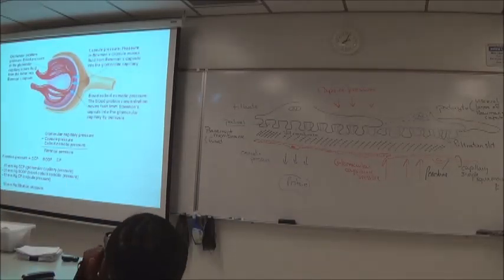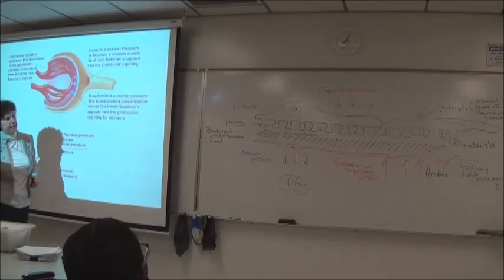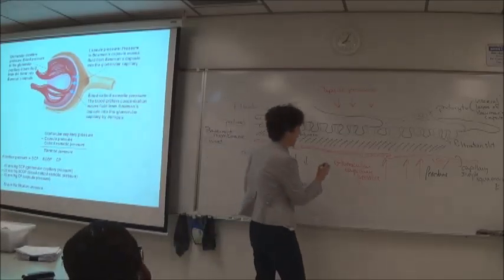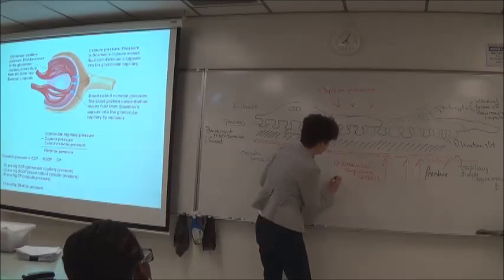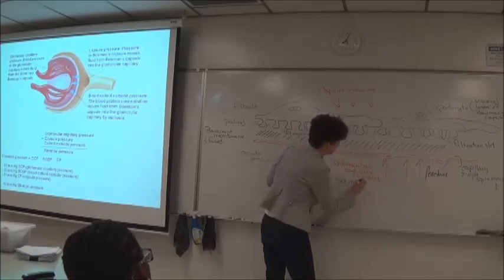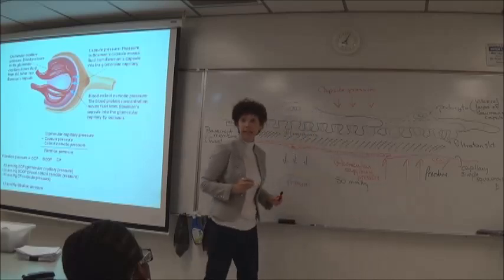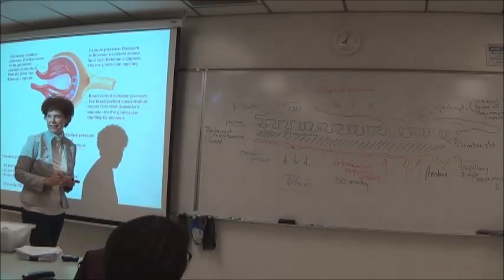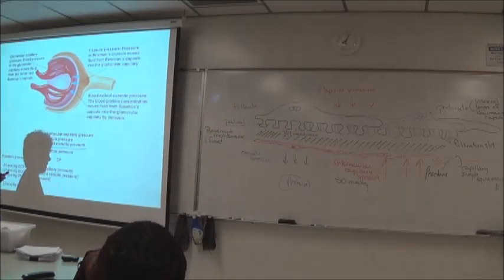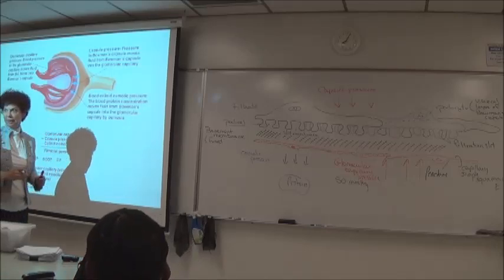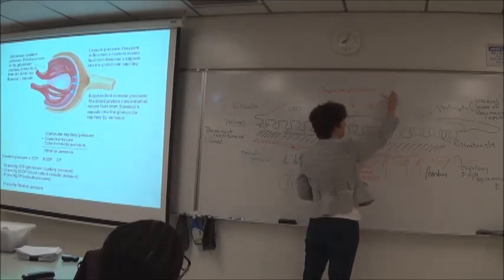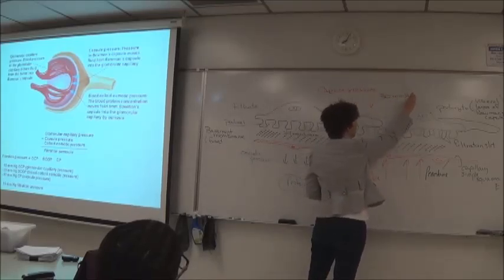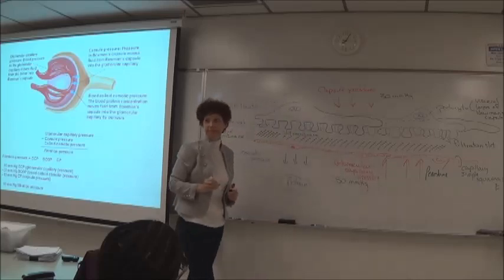So typically our hydrostatic pressure in the capillaries is approximately 50 millimeters of mercury. And it's higher here than it is in typical systemic pressures. Our capillary pressures are typically not this high in systemic capillaries. The capsular pressure is approximately 30 millimeters of mercury.